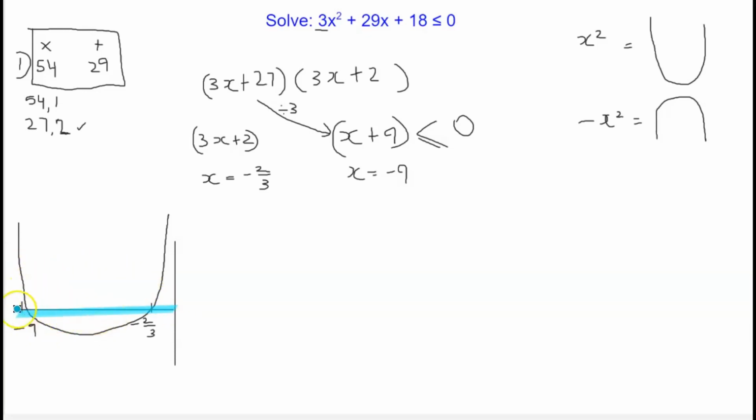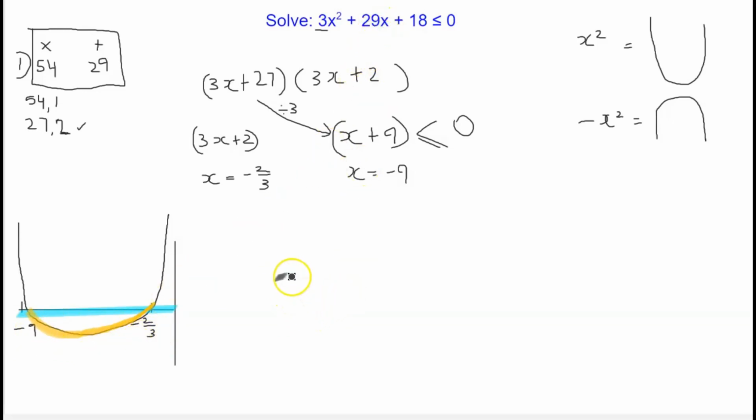So this is the area where y equals 0, and we're trying to find the area where y is less than 0, and that just means we're finding the expression for this area in yellow. And to find that, we're just going to write when x is between minus 9 and minus 2/3, that's the answer to this.